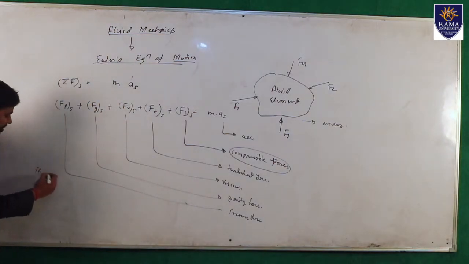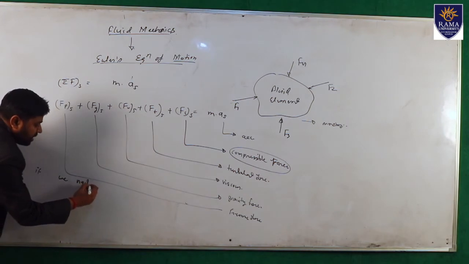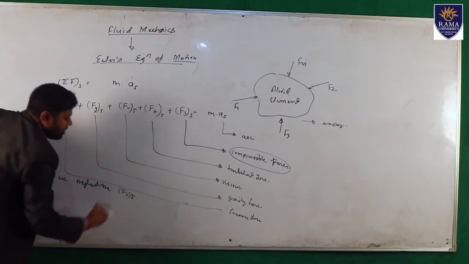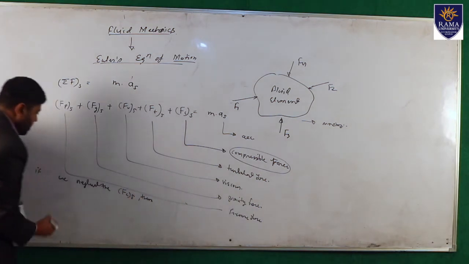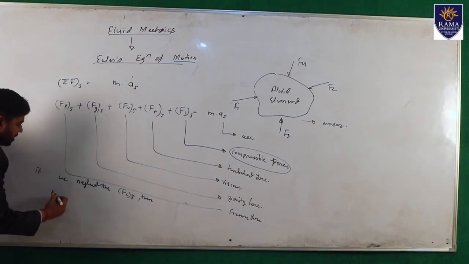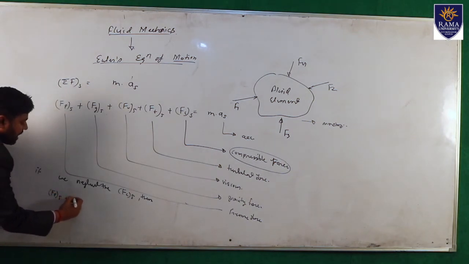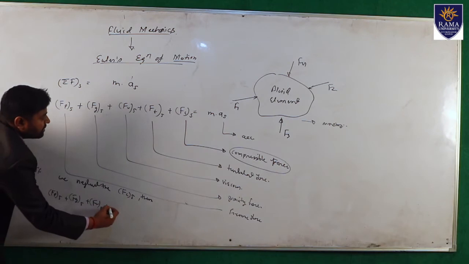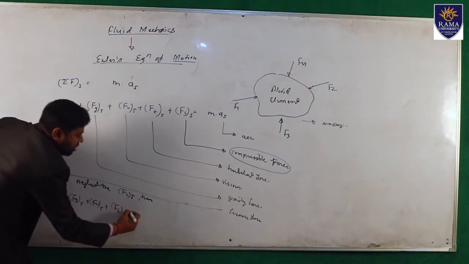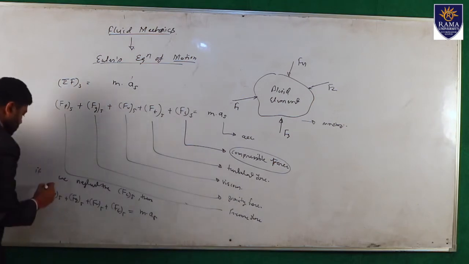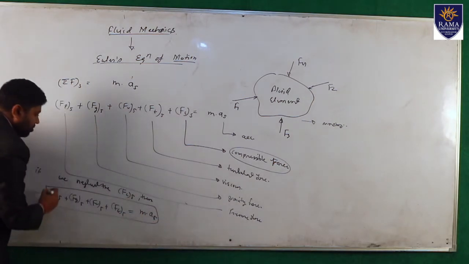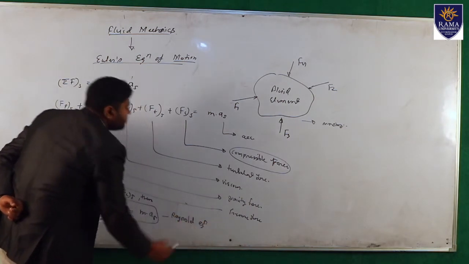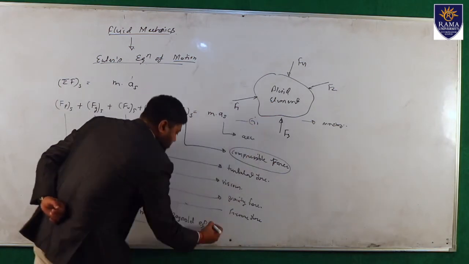If we neglect the compressible force FCS, the equation becomes FPS plus FGS plus FVS plus FTS equals mass into acceleration. This equation is generally known as the Reynolds equation. This is equation number 1, and this is equation number 2.